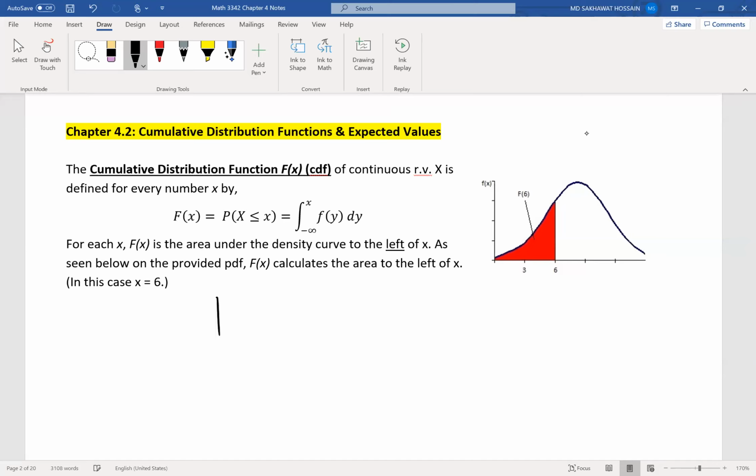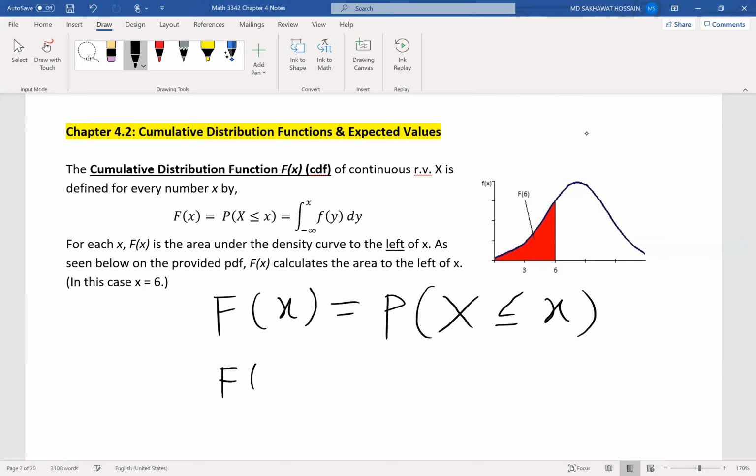If f of x is a function denoted by capital F, it is called the cumulative distribution function. This is the probability that X is less than or equal to x, the cumulative probability up to the value x. So F of 3 is the cumulative probability of X up to the value 3.